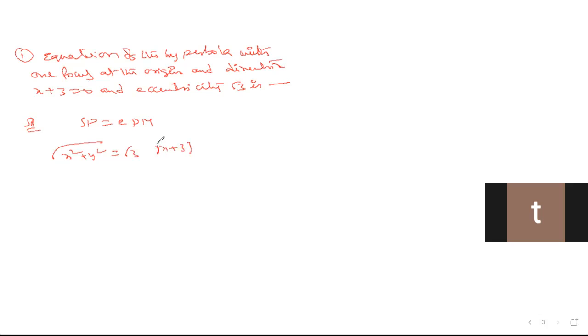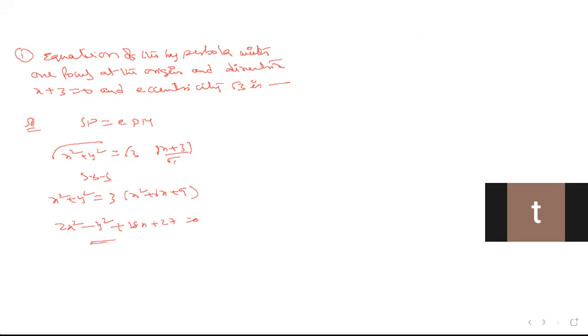So x square plus y square is equal to 3 times x square plus 6x plus 9. 3x square minus x square gives 2x square, so 2x square minus y square plus 18x plus 27 is equal to 0. We are getting a hyperbola this way.